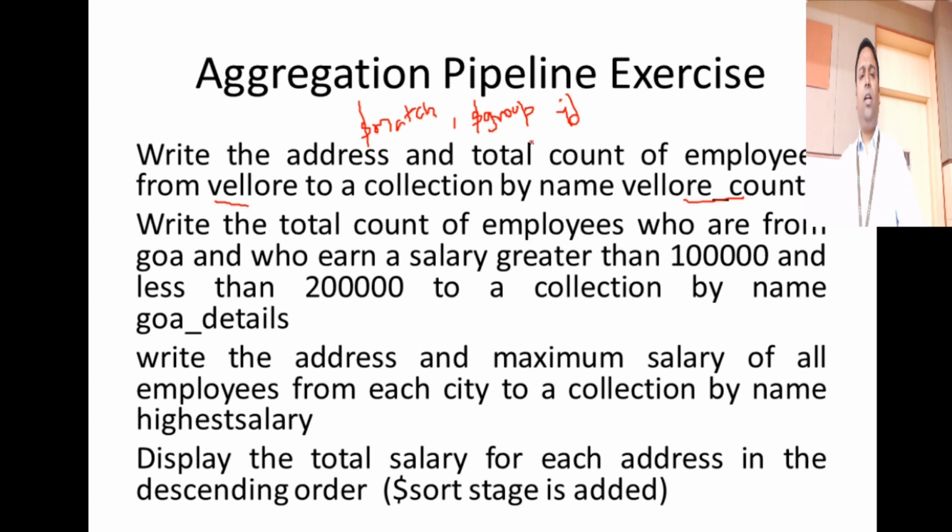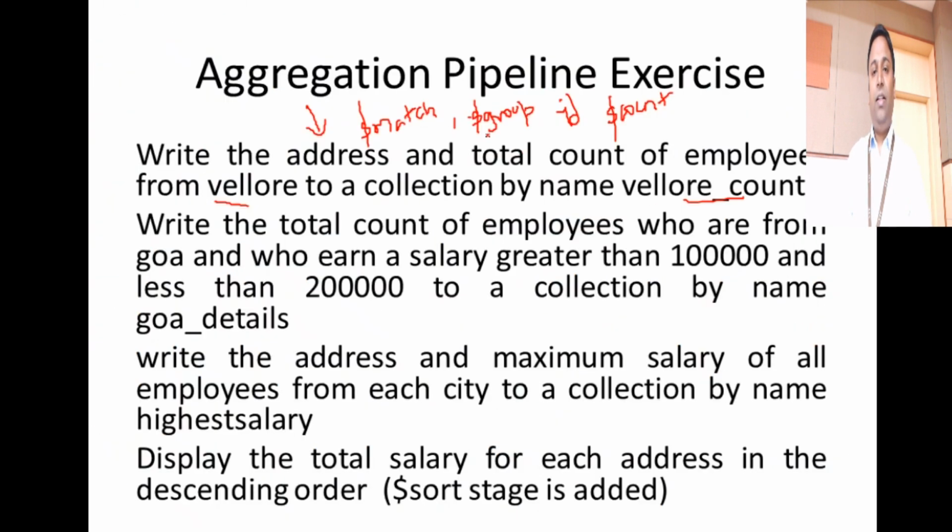No need to even do a $group. We also have another stage called $count. We can directly use $count here too. I'll tell you what that stage is. So match all the employees from Vellore and write the count to a collection by name Vellore count.